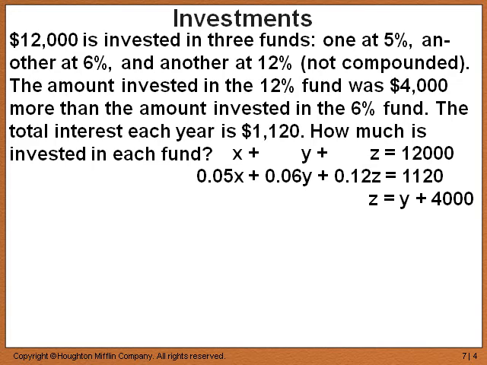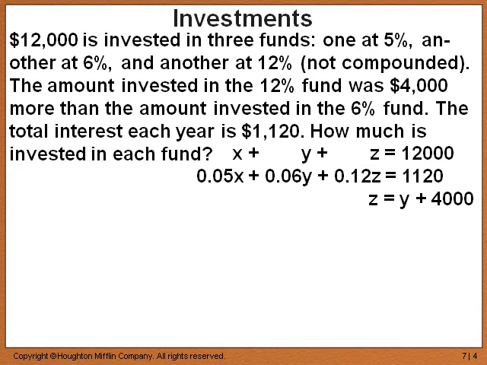We know that because we know that the total interest each year is $1,120. And finally, z equals y plus 4,000. We know that because the amount invested in the 12% fund, which is represented by z, was $4,000 more than the amount invested in the 6% fund, which is represented by y. So z equals y plus 4,000.